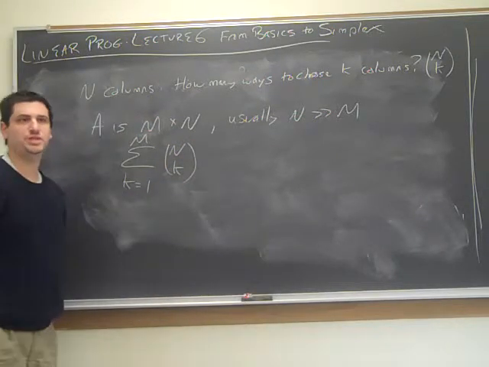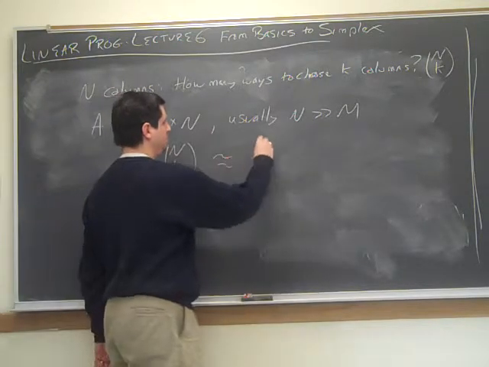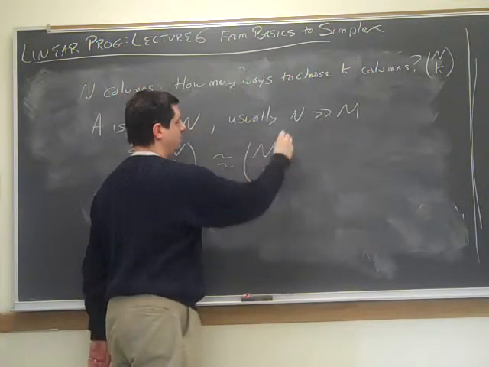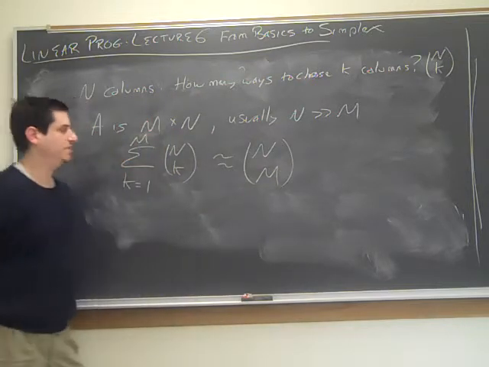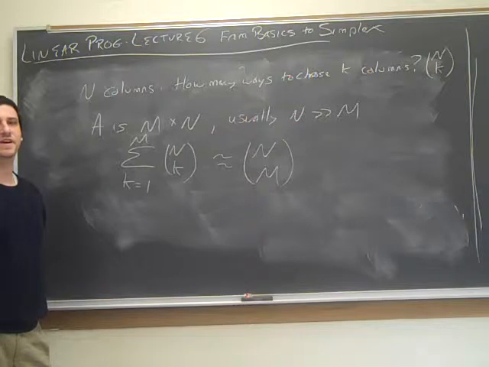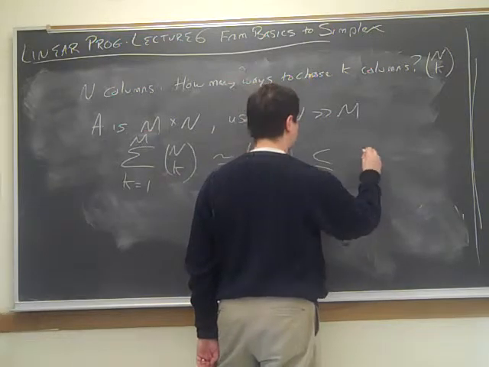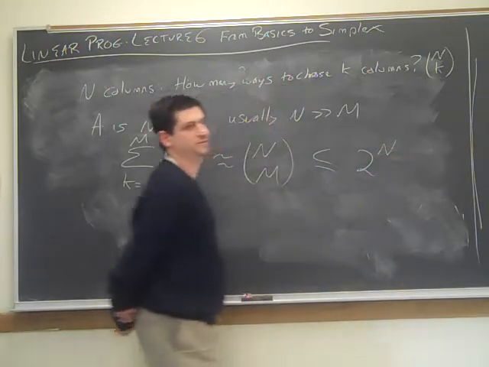And that's how many things we need to look at. It's really given by just the last term. It's approximately n choose m. So this tells you how many finite things to check. If you want a really bad value, this is at most 2 to the n.